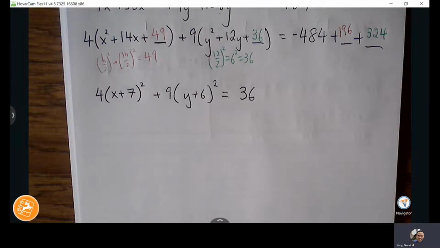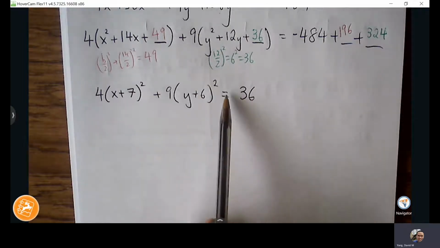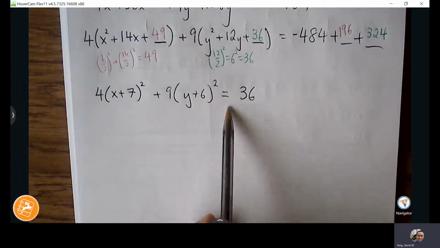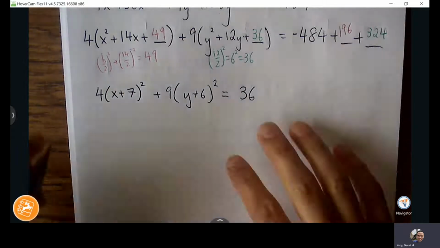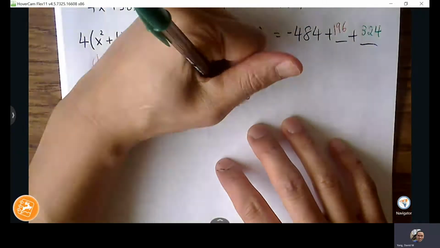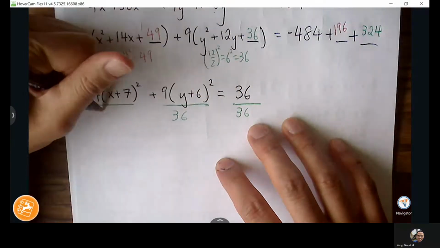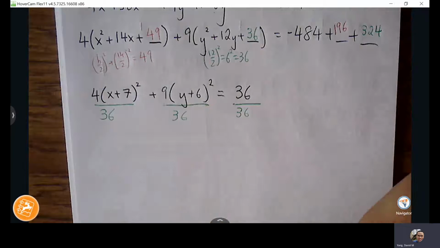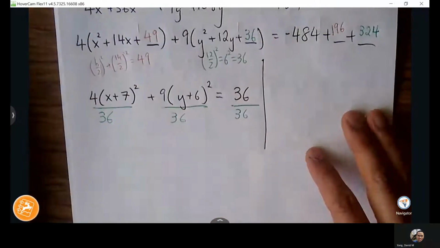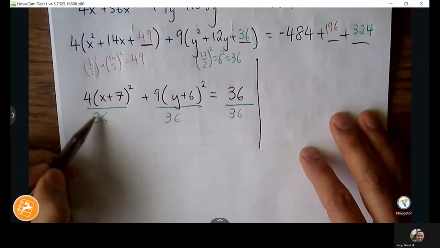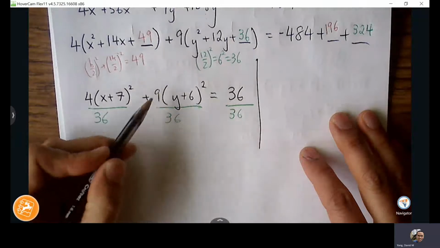Okay, we're almost there. The right side, though, for ellipses, we want to force a 1. So to force a 1, we got to do what? Divide everything by 36. Okay, reduce, reduce.